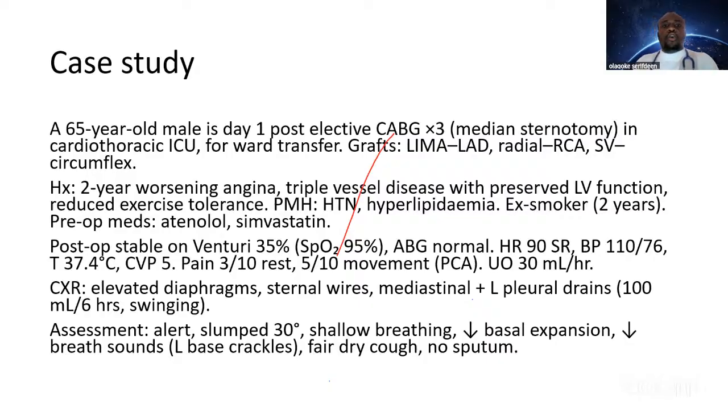For intermittent mandatory ventilation, let's say for instance, I need to give my patient a breath. Let's say pressure support. I also need to support oxygenation, giving them that constant positive pressure, PEEP.